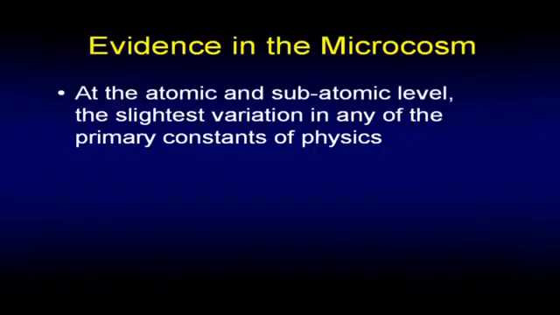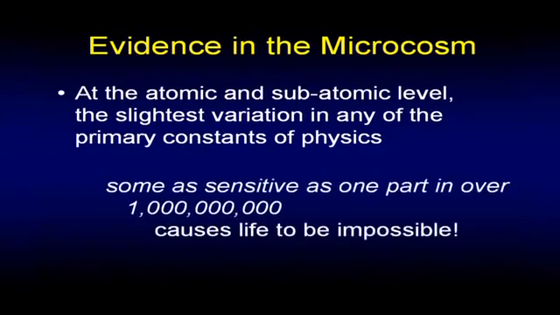So it turns out that at the atomic and subatomic level, the slightest variation in any one of the primary constants of physics, some as sensitive as 1 part in over a billion, would cause life to be impossible. Okay?